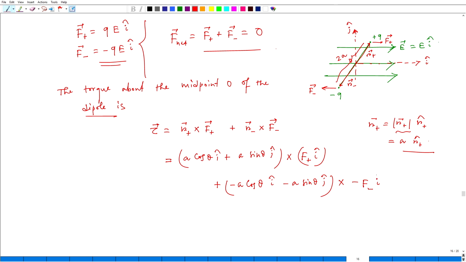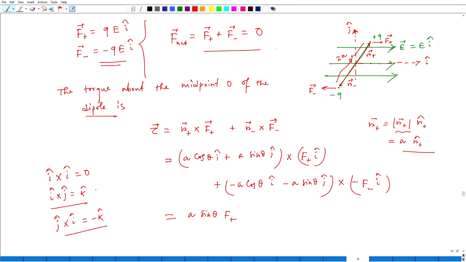The magnitude is the same, but the direction is opposite. By simplifying this, we get a sin theta F plus. Now, i cap cross i cap vanishes, so i cap cross i cap is 0, but i cap cross j cap is k cap, and j cap cross i cap is minus k cap.